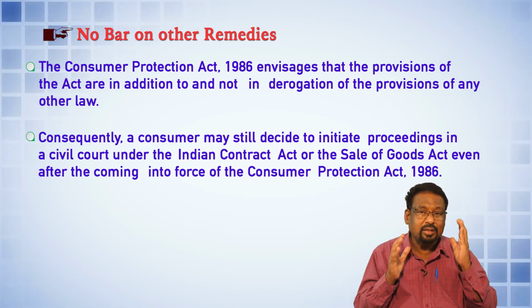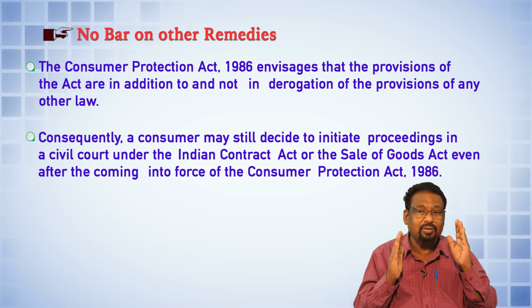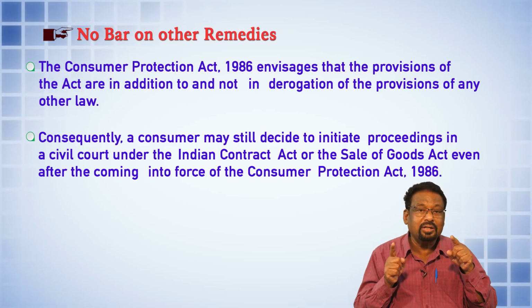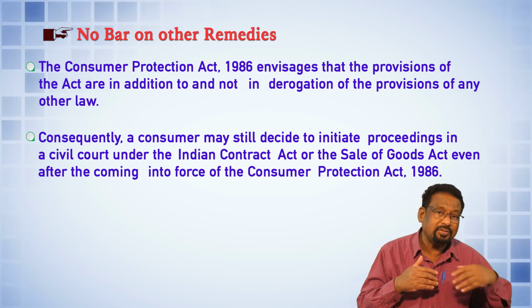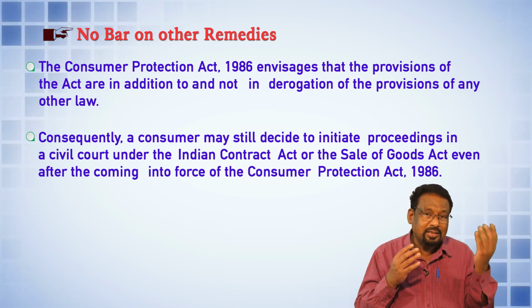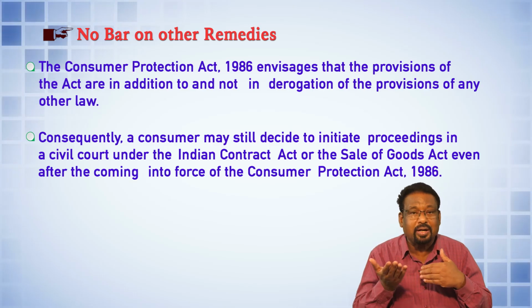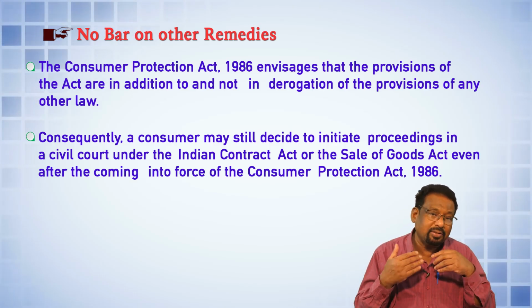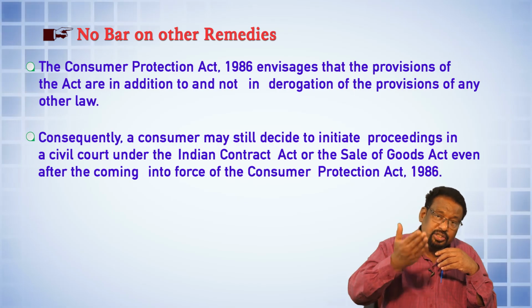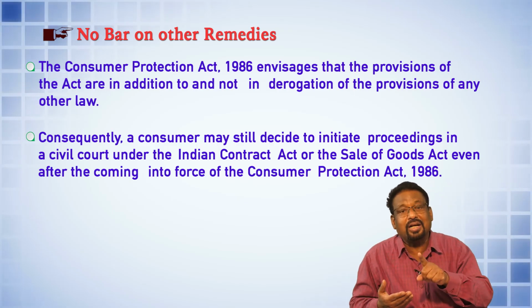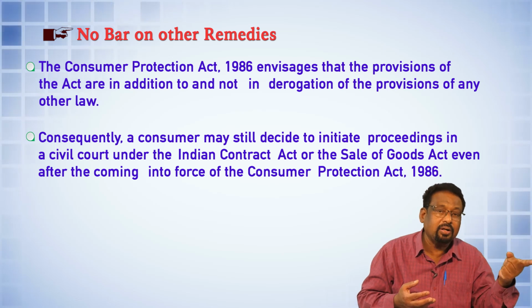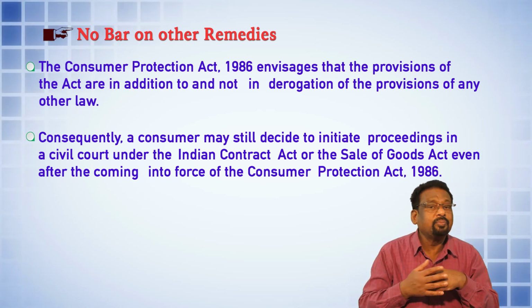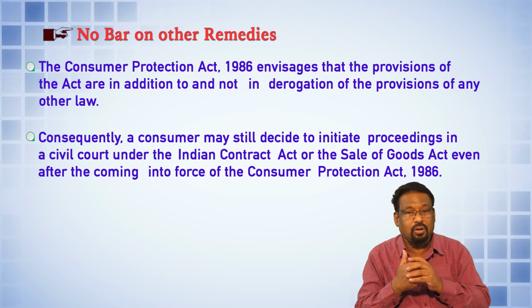The provisions of the Act are in addition to and not in derogation of the provisions of any other law, meaning thereby that if a person has an enforceable civil right and the civil right also infringes his consumer right, then he can have a remedy for the infringement of consumer rights under the Consumer Protection Law. In addition to that, he can have a remedy for the enforcement of the civil right under the Civil Procedure Code also.